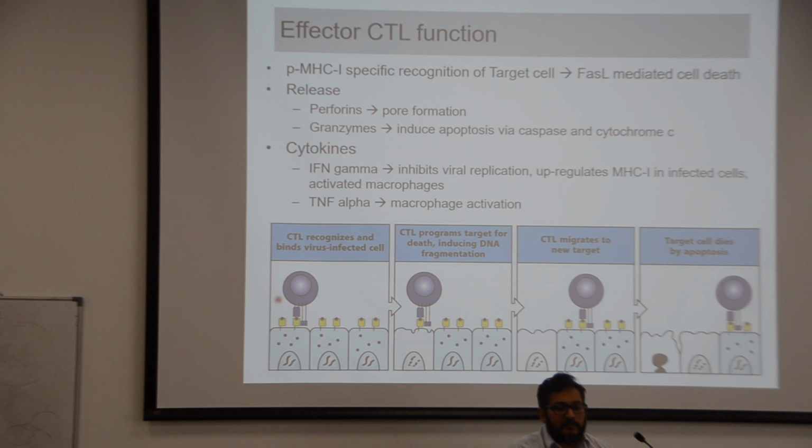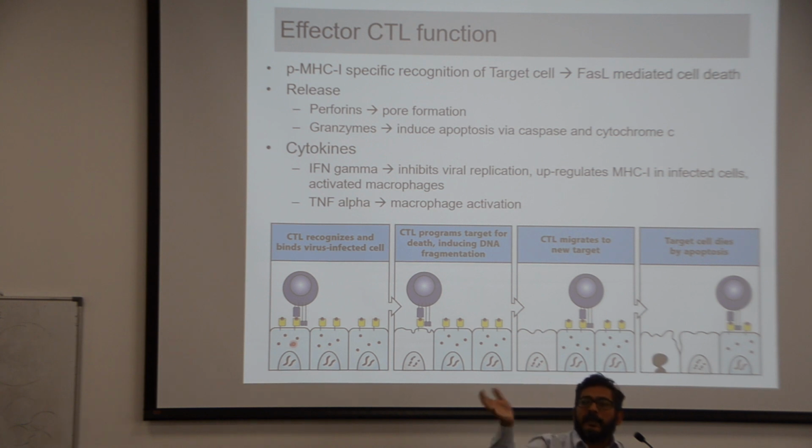The CD8 T cell that is now activated goes to the tissue, and in the tissue it starts looking for the virus infected cells. All MHC class 1 molecules are found on any nucleated cell type. So whichever cell is nucleated and infected is going to express on its surface MHC class 1.